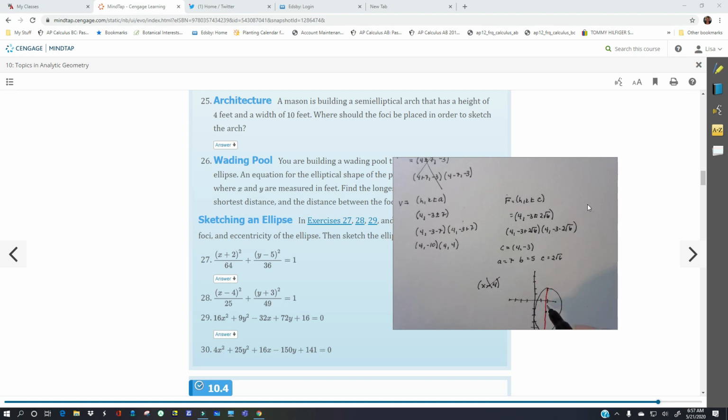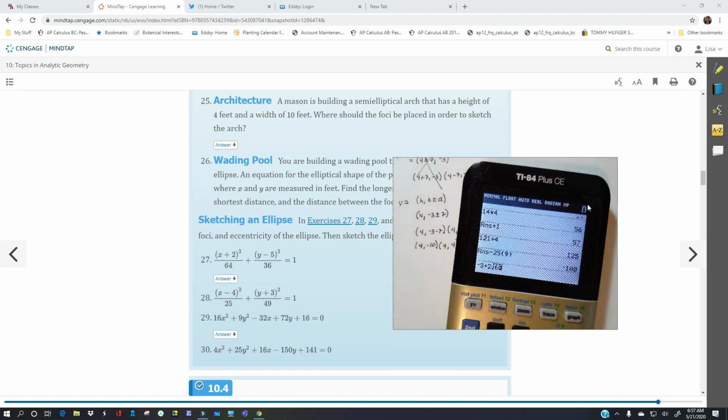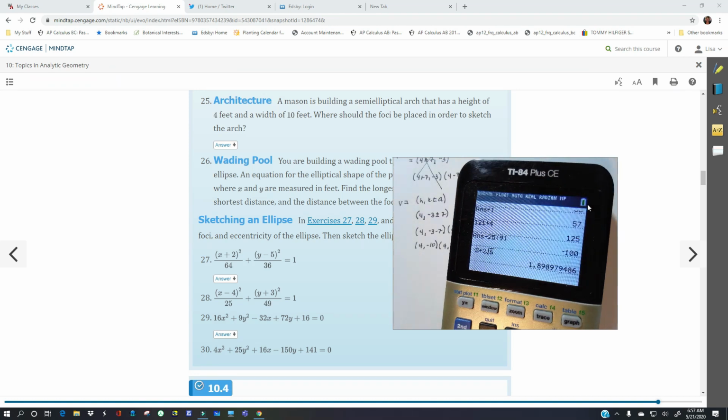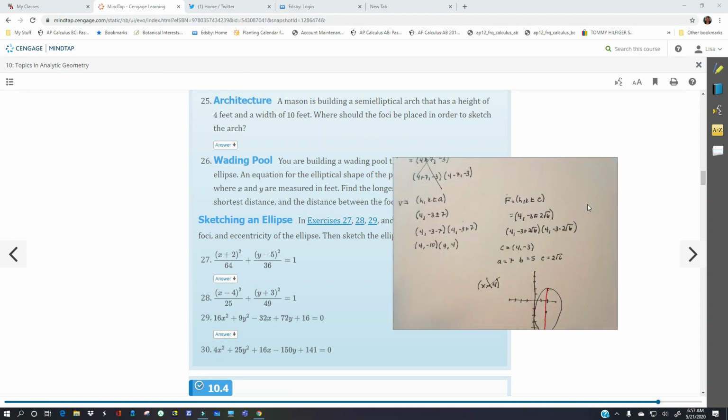So if I use my calculator, I know it's going to be at 4. If I do negative 3 plus 2 root 6, just to give you an idea here, it's going to be almost 2, right? So if I go over 4 and almost 2, I'm going to have a focus there.